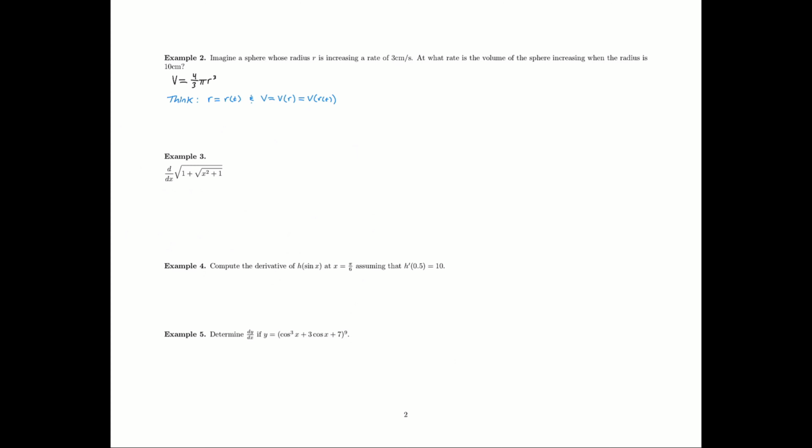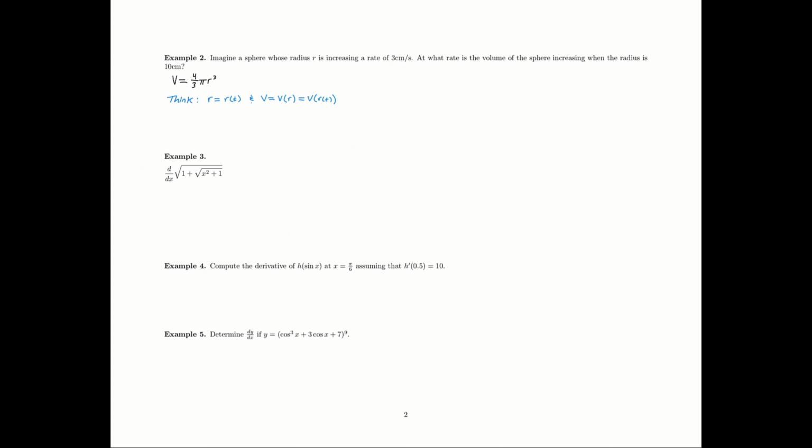So what we could do here is we don't actually have an expression for this r of t. Now, it is possible to construct one because our rate is a constant rate. It is possible to go ahead and do this, but that's sort of not what we want to do here. Instead, there's two options.